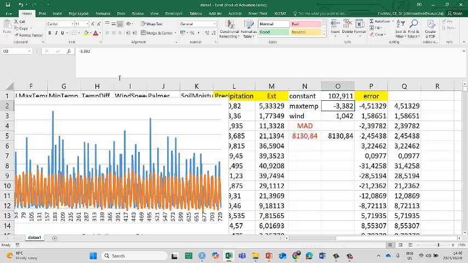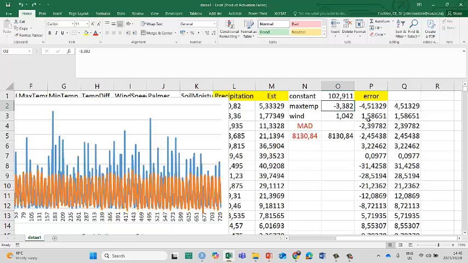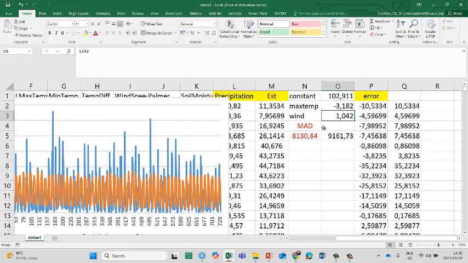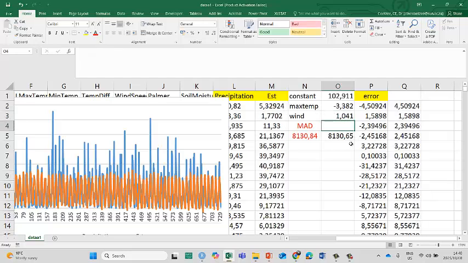Okay, let's put them together. So let's make this a 4. You can see it's higher. Let's make that a 1. Also higher. Let's see. So if we just make it a 1 there, you see, higher. Oh, this is lower.